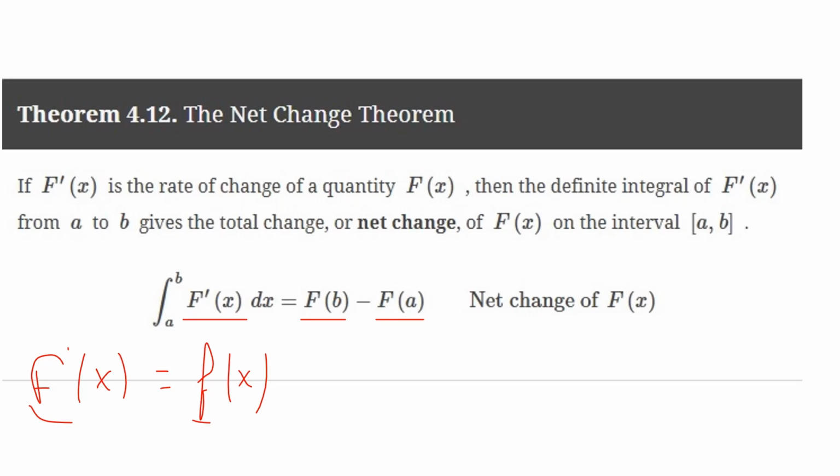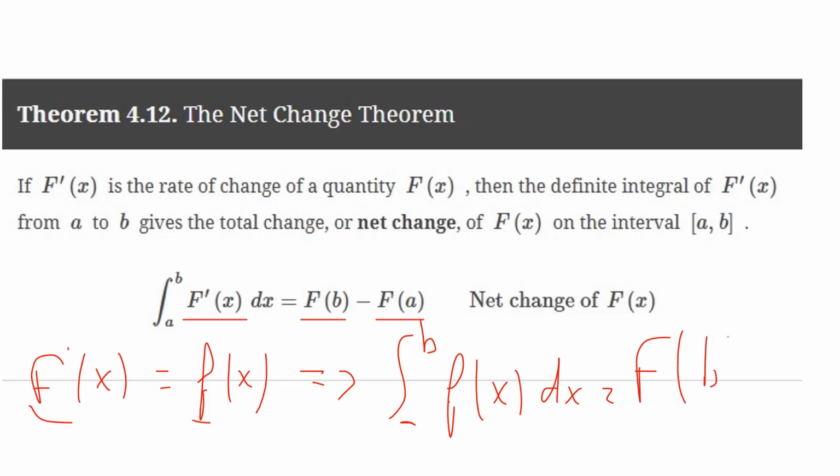And then this is the same as writing an integral from a to b of f of x dx. And using the fundamental theorem of calculus, we found that this is equal to F of b minus F of a.